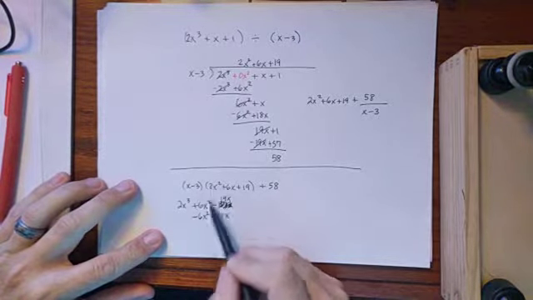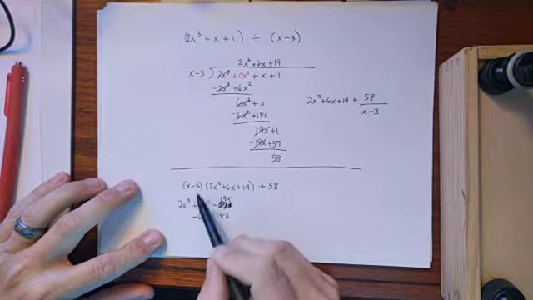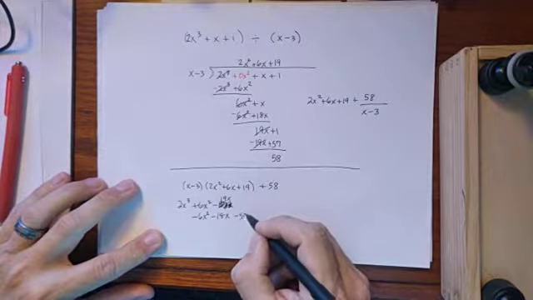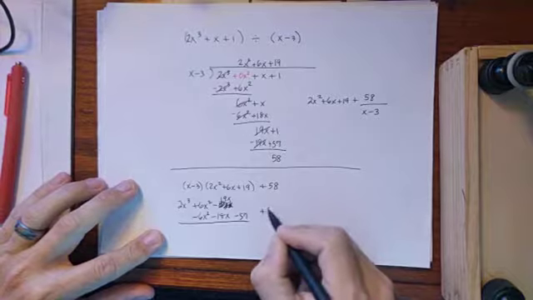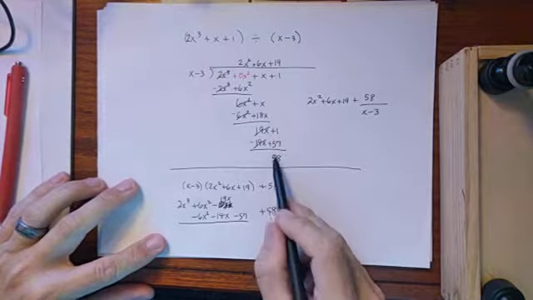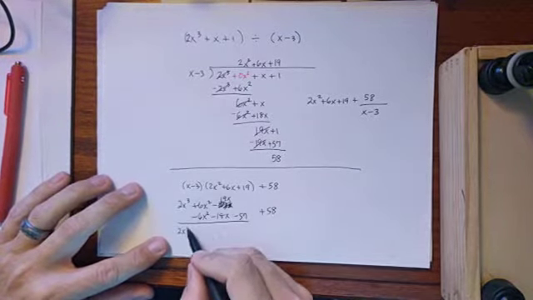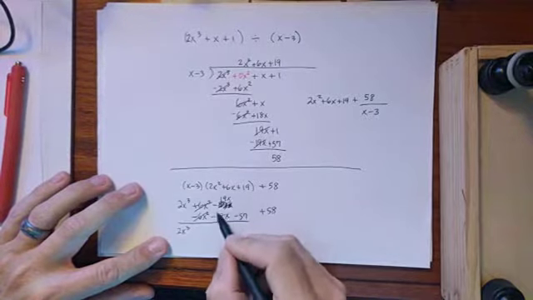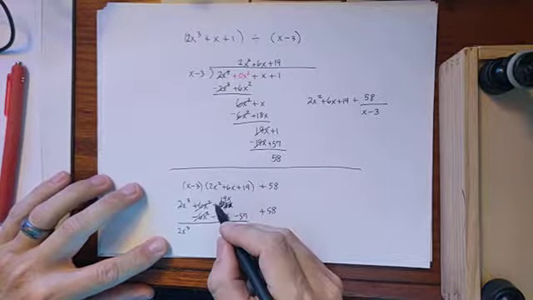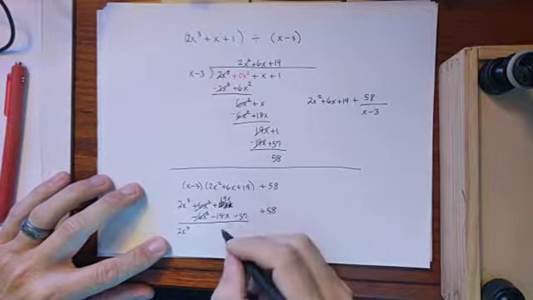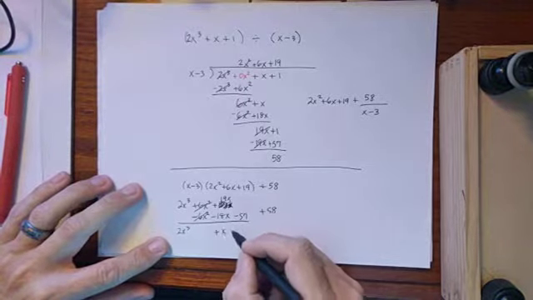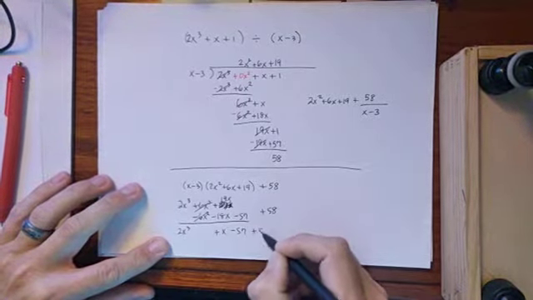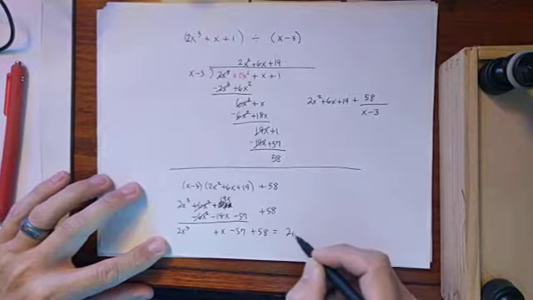All right, so that makes this, that makes that, and there's the negative 57 right there, right? And then we want to add the 58 later because that was our remainder, right? Okay, so that cancels out. That should have been plus 19x earlier, so this makes plus x, minus 57 plus 58, and what do you know?